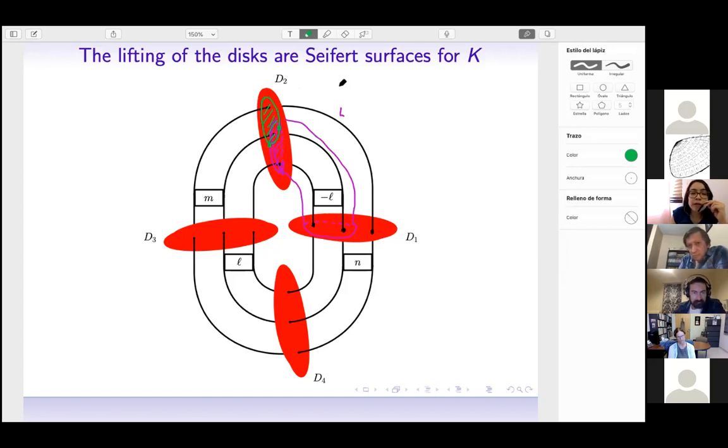So when we lift them, we will have 2 annuli intersecting the boundaries in 4 points.